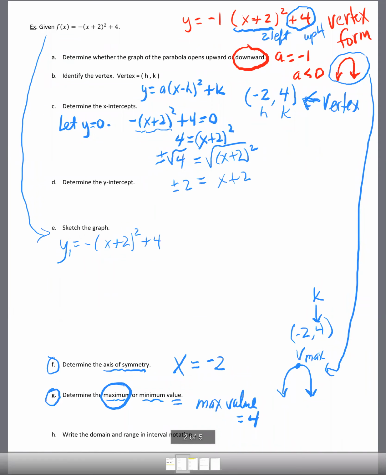Now we can see what this delivers to us. We know that x plus 2 is equal to 2 would be one of our equations for the x-intercept. If we subtract 2 from both sides, x is 0. The other one that we have is x plus 2 is equal to -2. And when I subtract 2 from both sides, I get x is equal to -4.